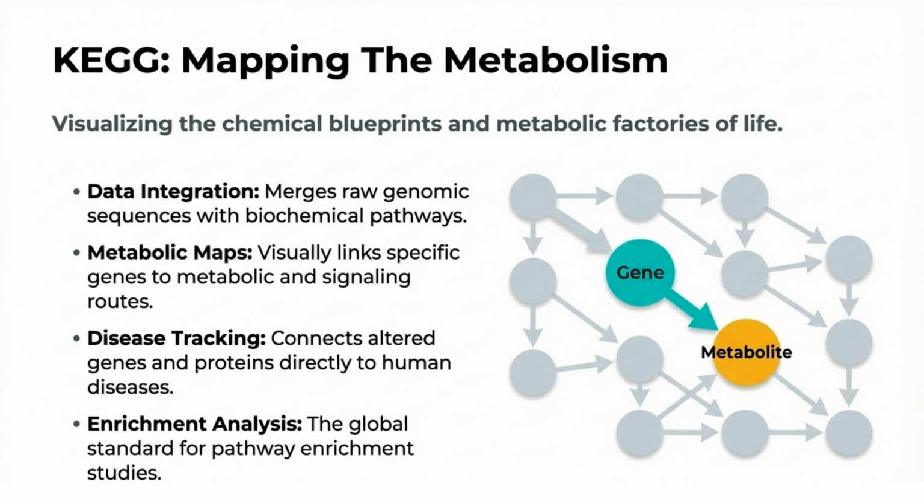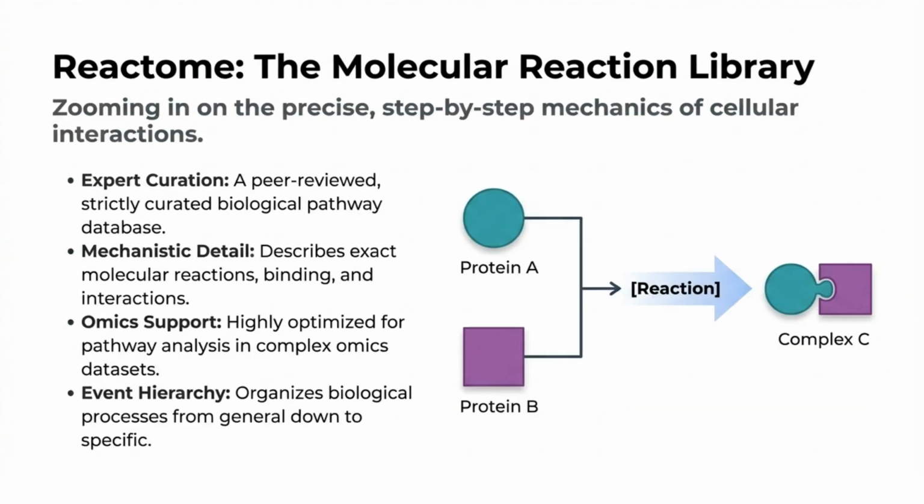If you look at the slide, KEGG is essentially giving us a functional map of how molecules connect inside the cell. It helps move us from a gene list to pathway-level interpretation. For even more detailed reaction-level information, Reactome is especially valuable. Reactome is another major pathway database, but it often provides more detailed mechanistic information than pathway maps alone.